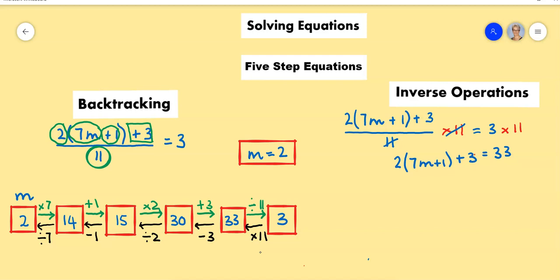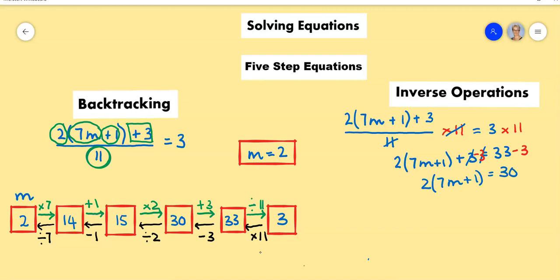So we're going to minus 3 here and minus 3 on the right-hand side. Now, plus 3 and minus 3 will cancel out. So we're left with 2 times 7m plus 1 is equal to 33 minus 3, which is 30.